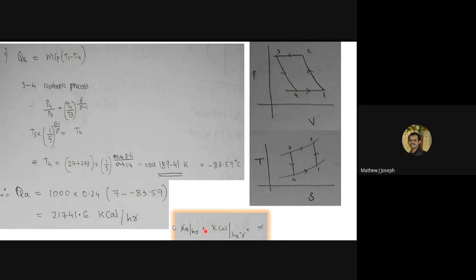Canceling out the common terms, we can finally arrive at the unit of the answer as kilocalories per hour. Actually, this canceling out of units is not a proper way to carry out in actual technical practice, but in order to make you understand how this final unit came, I just noted it here. So now let us continue with the rest of the question.